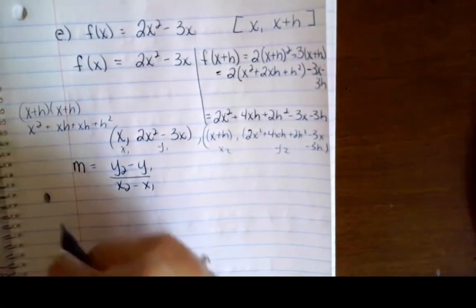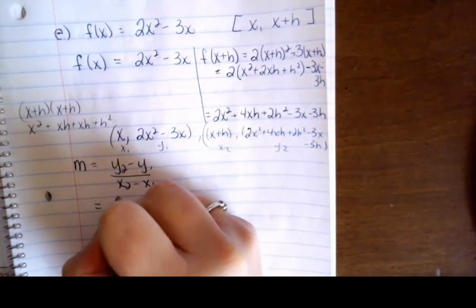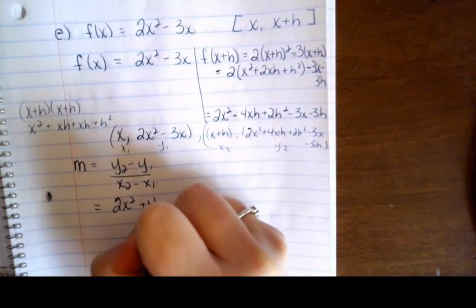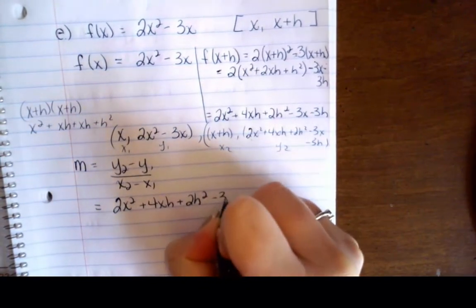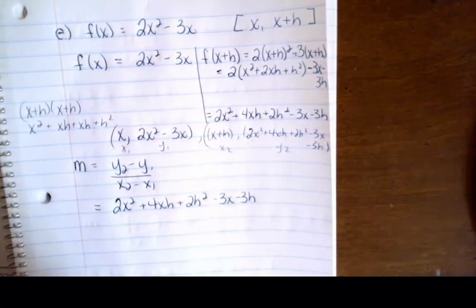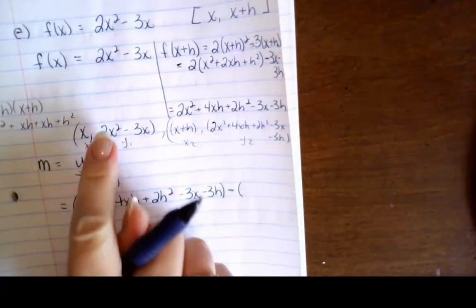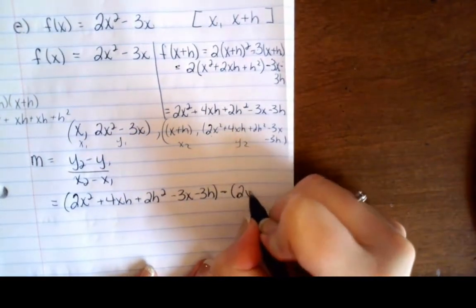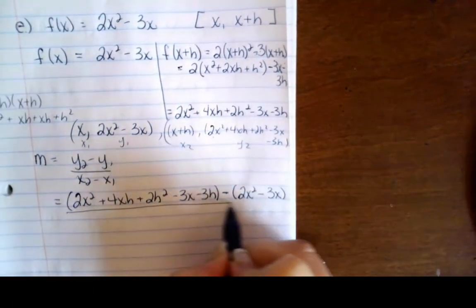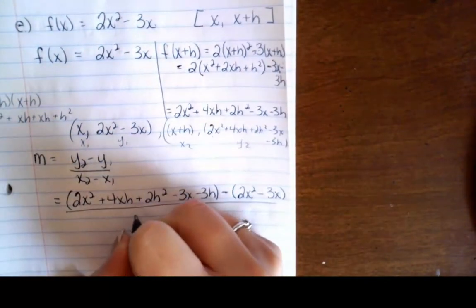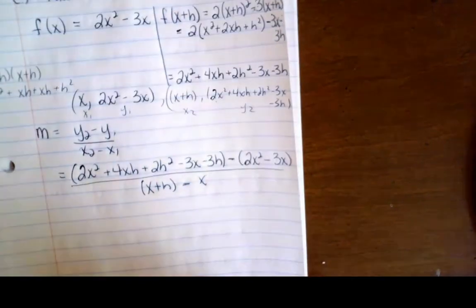So y2, and I'm going to learn my lesson and give myself plenty of room to write, is going to be 2x squared plus 4xh plus 2h squared minus 3x minus 3h. That's your y2. Minus, what's your y1? 2x squared minus 3x, all over my x2, which is x plus h, minus my x1, which is x.